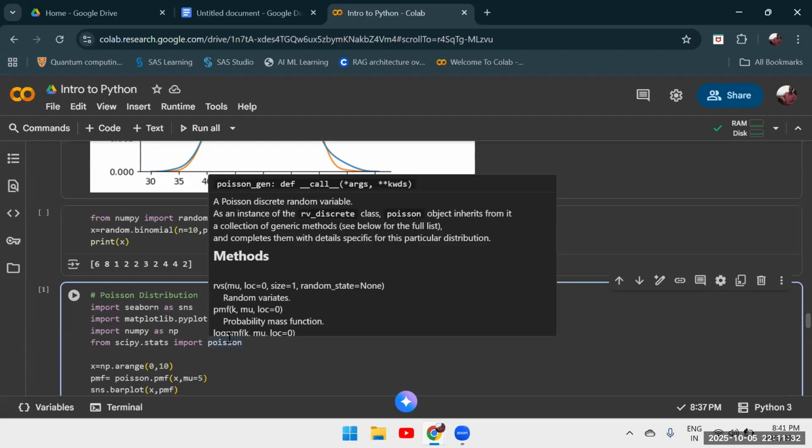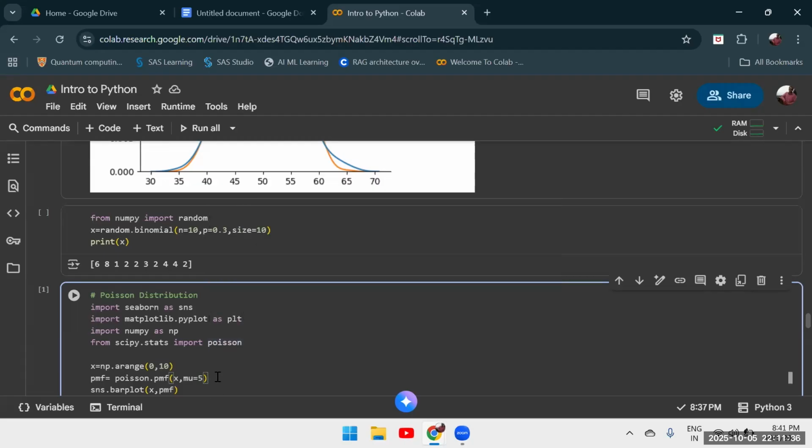This probability mass function is basically going to give us a probability of a discrete variable that is exactly equal to some value. In statistics, the probability mass function is also called the probability function or frequency function.